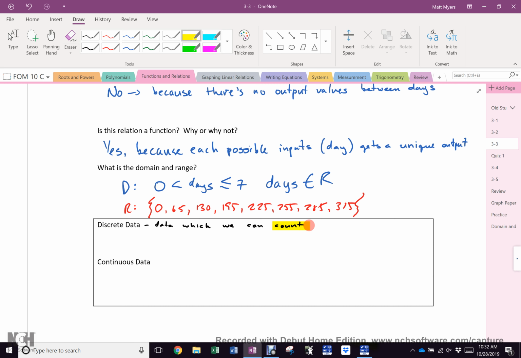So what does that make it if I am counting just you personally? Then it would be continuous, because continuous data is data which we measure. Does everybody feel they can understand the difference?